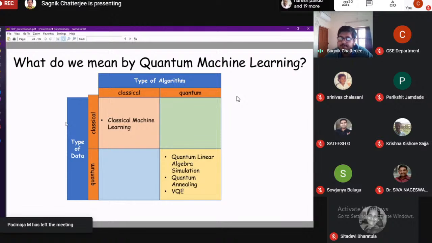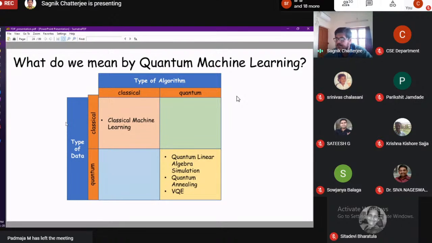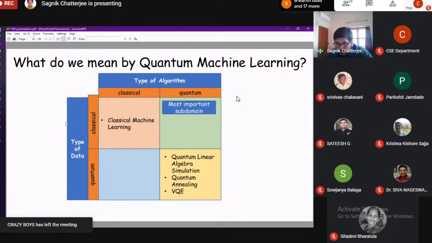to show that there is some kind of quantum supremacy present. However, the most important subdomain available to us right now is classical inputs and quantum algorithms. Note that when I say I am talking about quantum algorithms, I'm talking about hybrid algorithms mostly. The entire algorithm will not be quantum since quantum circuits are very susceptible to noise.